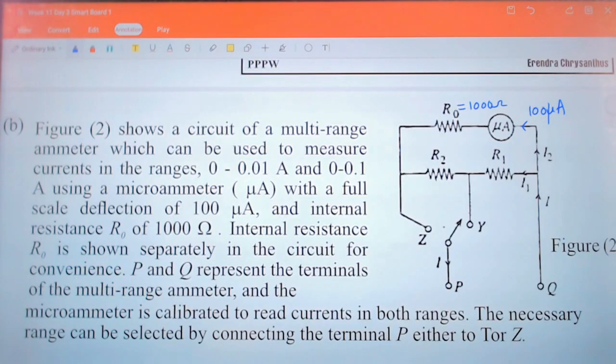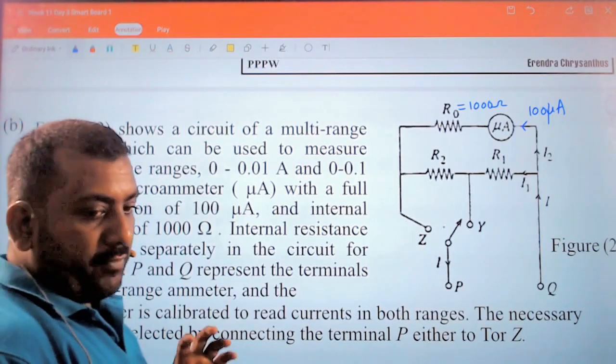P and Q represent the terminals of a multi-range ammeter, and the microammeter is calibrated to read currents in both ranges. The necessary range can be selected by connecting P either to Y or Z. Think carefully and answer.